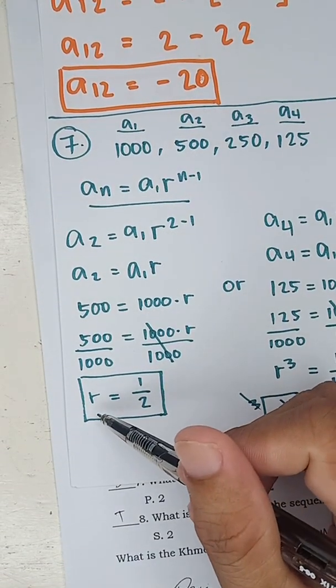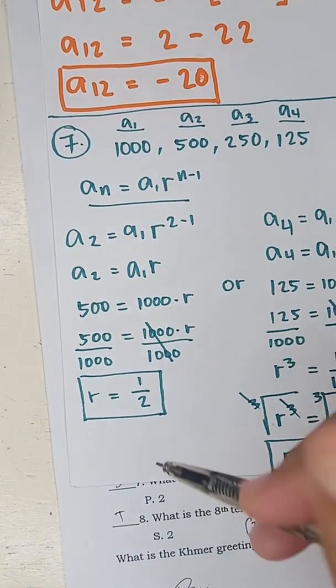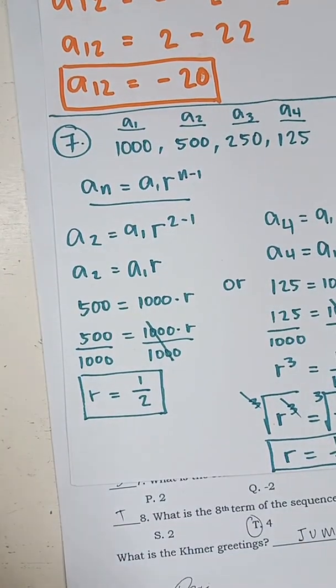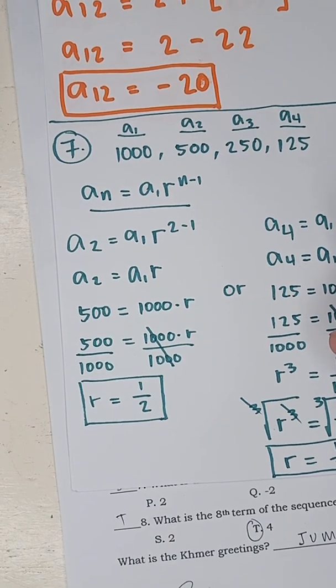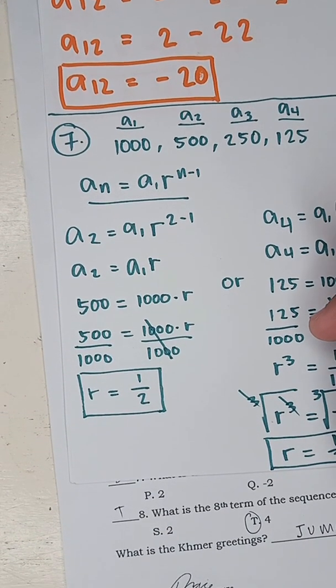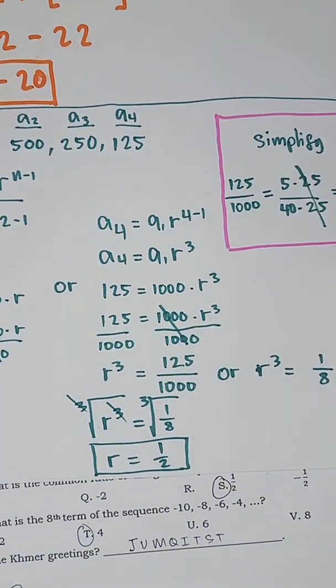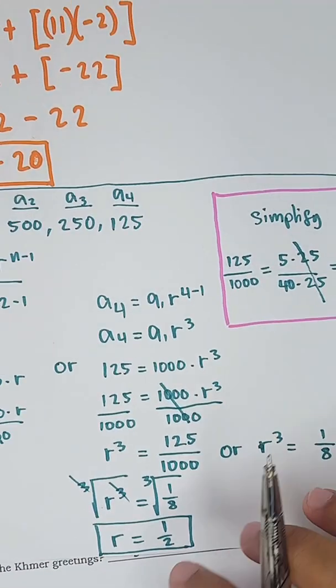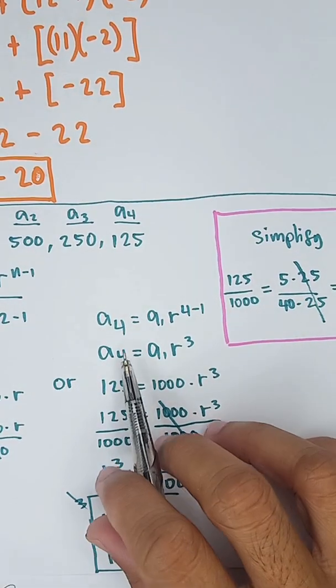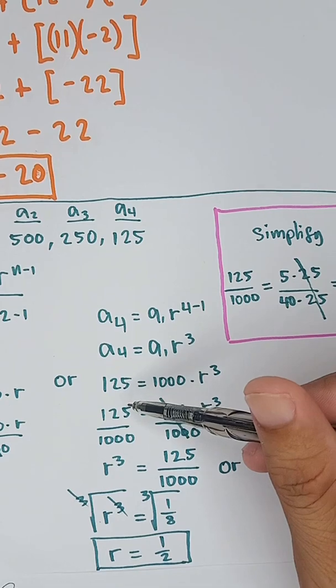Nauna ko yung variable and then is equal to its value, which is 1/2. Pwede rin naman yun. Actually, may procedure para maging pareho, kumbaga walang changes. Okay. So here is another. Check natin kung talaga 1/2 yung r. Use a sub 4, which is 125.